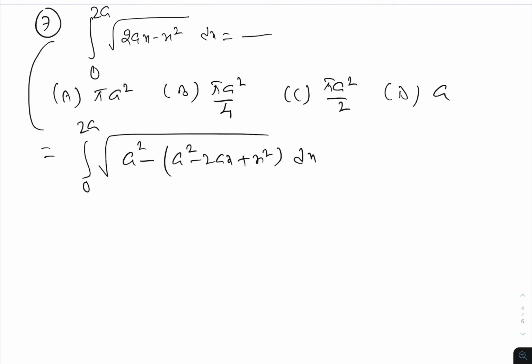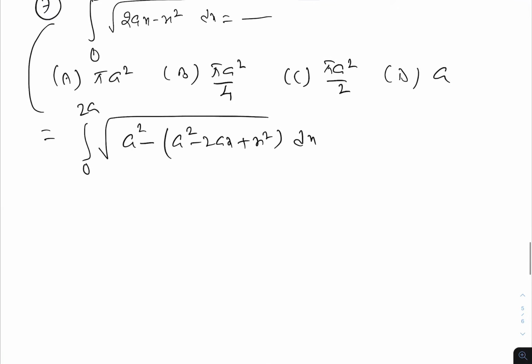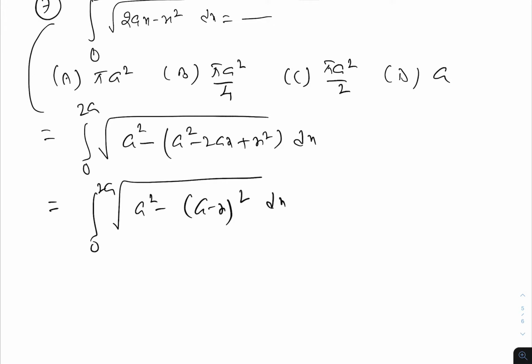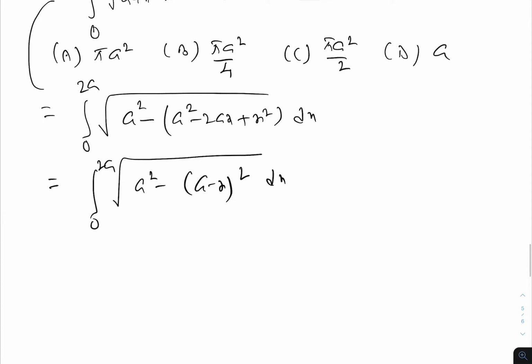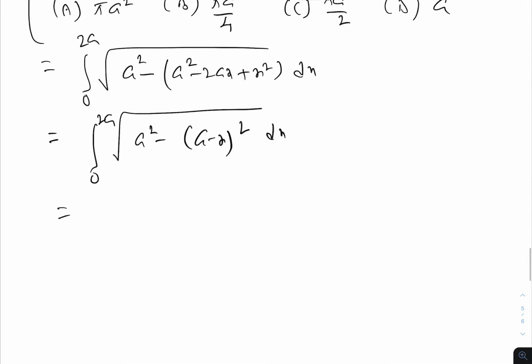See, that is in the standard form. Now, this is 0 to 2a root of a square minus a minus x square dx, and this is exactly the standard formula, root of a square minus x square.